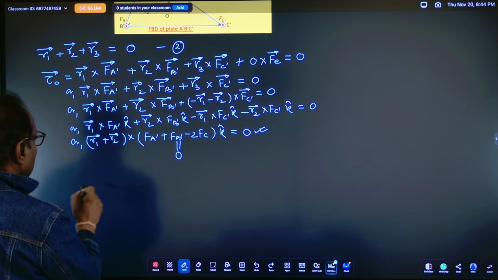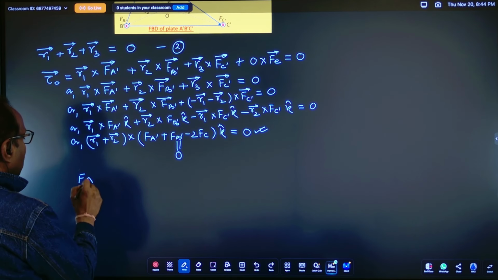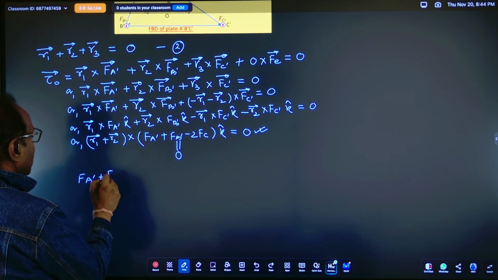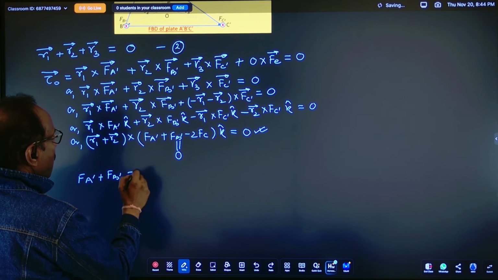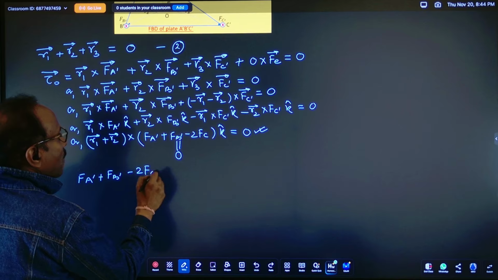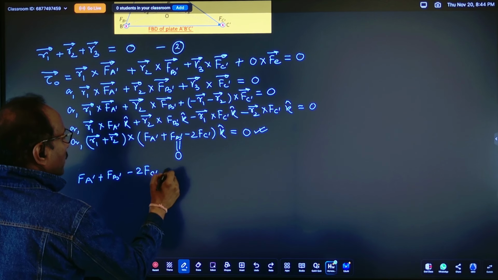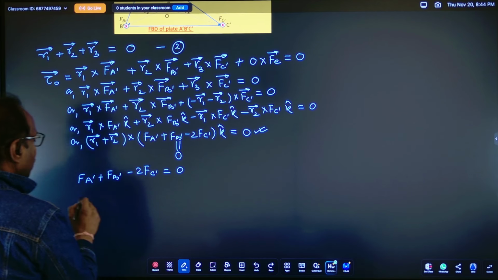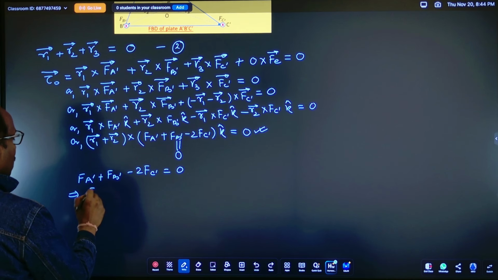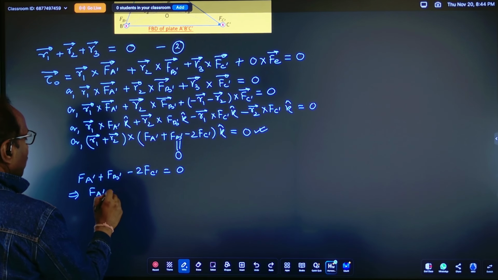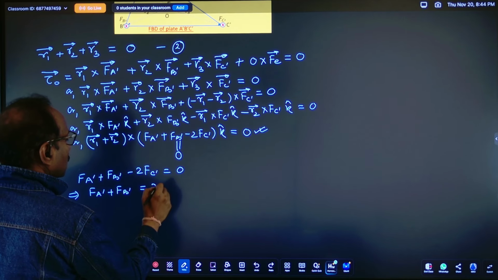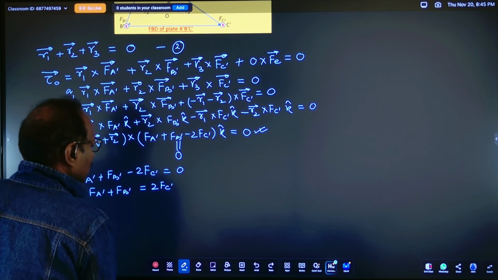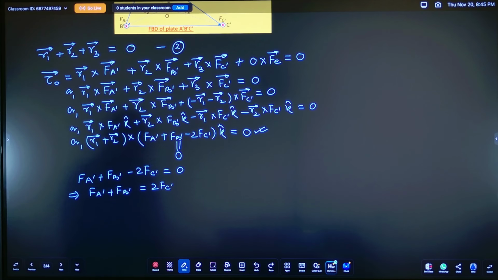So this part is 0 means you can write Fa prime plus Fb prime minus 2 Fc prime is equal to 0. So you got Fa prime plus Fb prime as 2Fc prime.